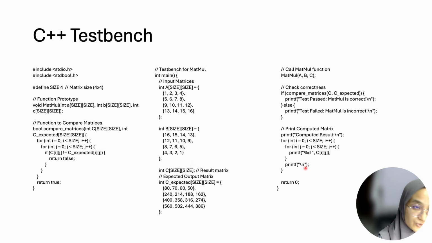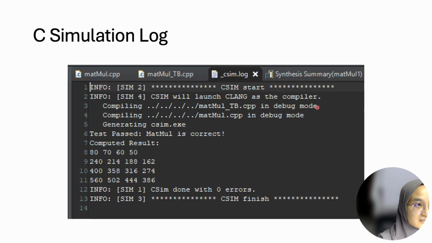I will run the C simulation first, and then I will run the synthesis if the result is correct. Next, I will show you the simulation log. Both the baseline design and the optimized design obtain the same result. For both designs, I am able to see the test passes and matrix multiplication is performed correctly.